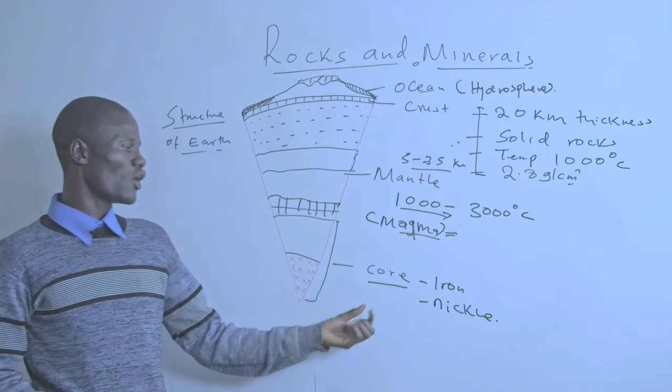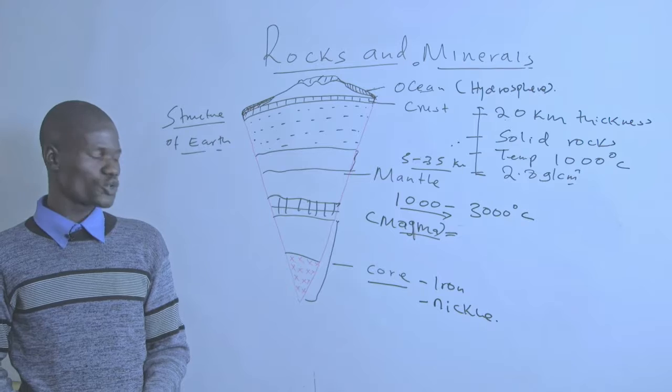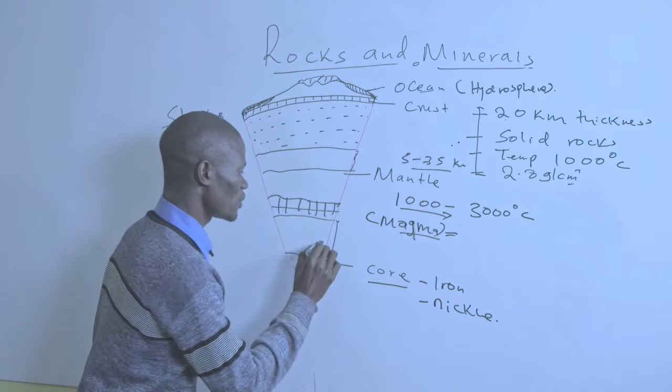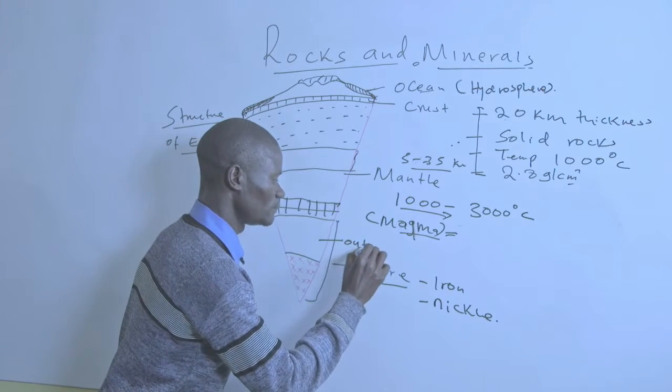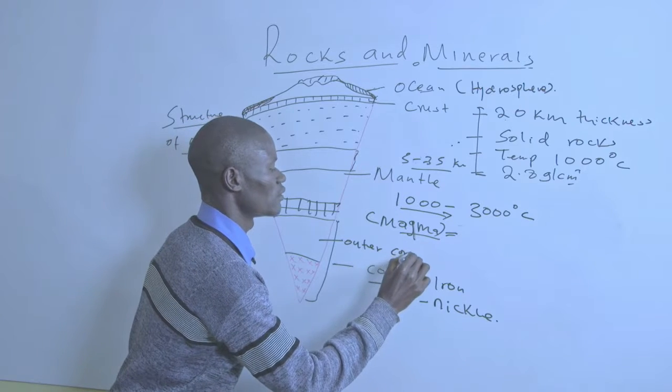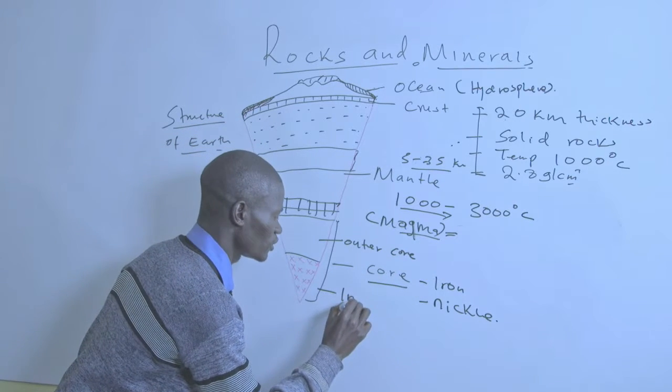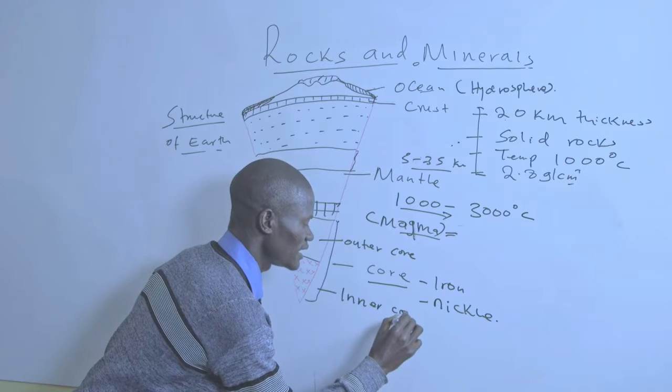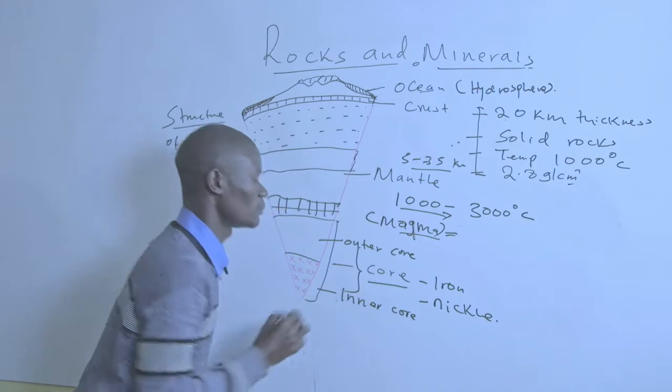The core is also divided into two parts: we have the outer core, and we have also the inner core.